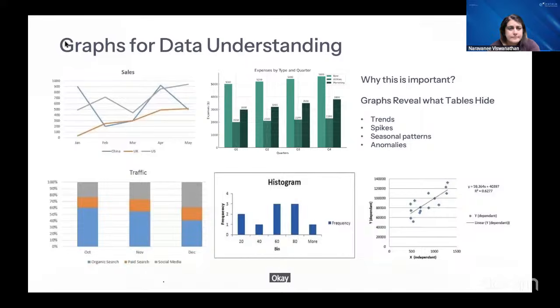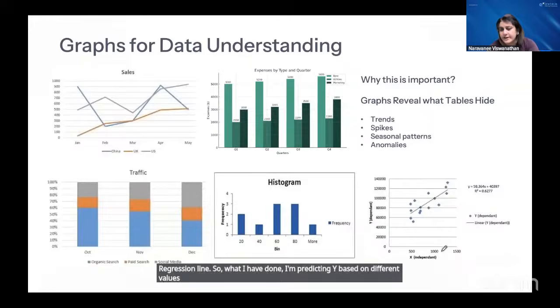Here you can see this last graph is nothing but a regression line. What I have done is predict y based on different values of x.